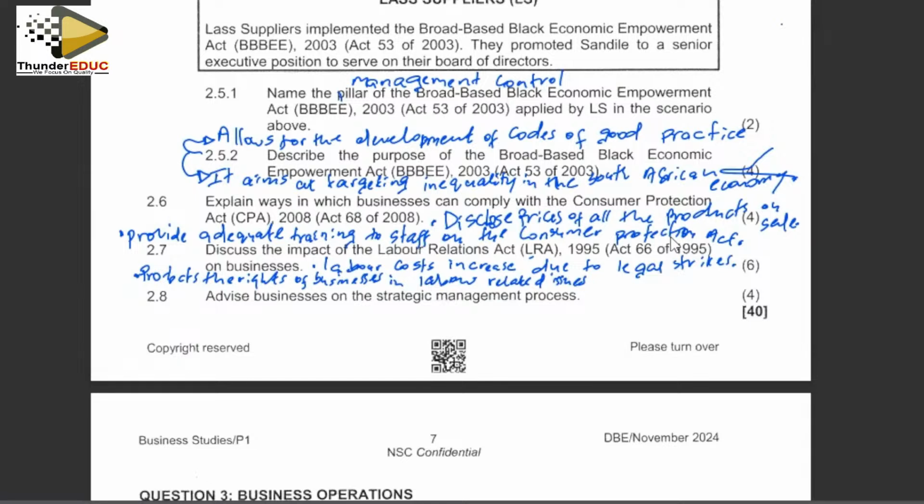And lastly, we are saying that reduced global competitiveness due to lower productivity.